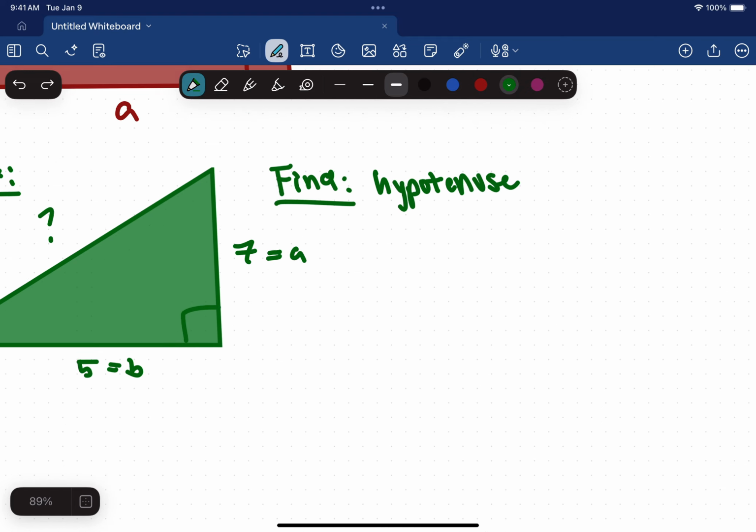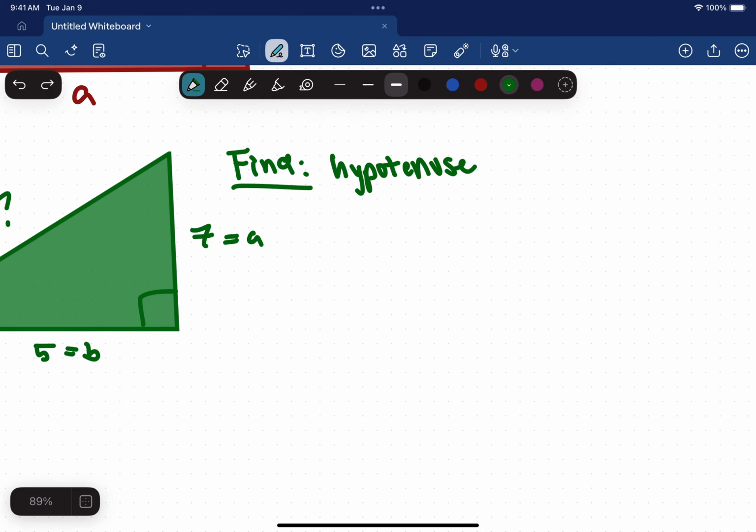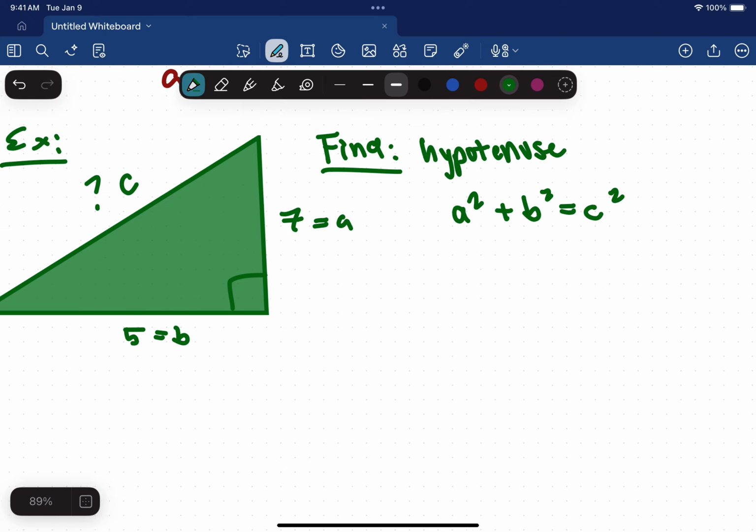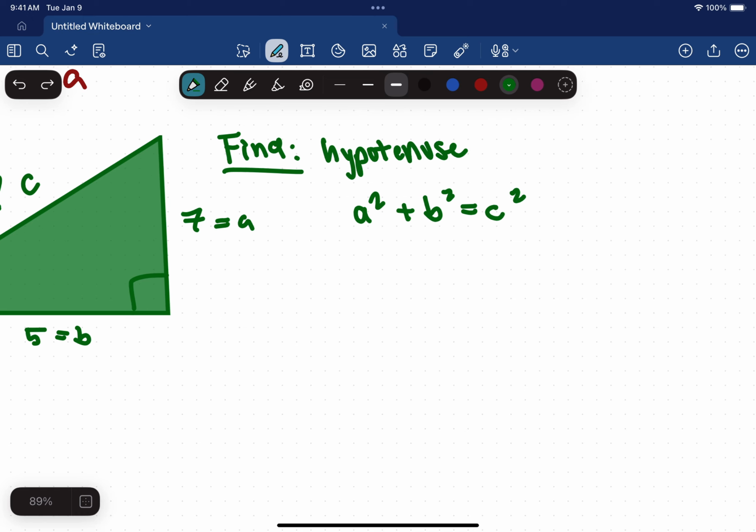So let's get our Pythagorean theorem equation, which is again A squared plus B squared equals C squared. Now we just plug these numbers in. We are trying to basically find C, which is the hypotenuse. So A squared is 7 squared plus B squared is 5 squared equals C squared. Now, just like back in algebra, you are trying to isolate whatever variable there is, which is C. C is already isolated, so it's fine.